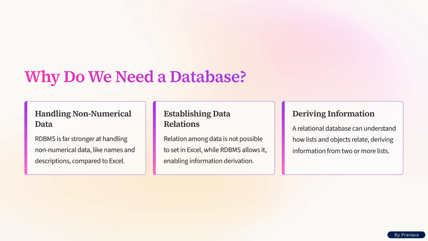Whereas in a database, it is a very structured system for storing data. A large amount of data can be stored in a database, managed, and queried in large volumes.